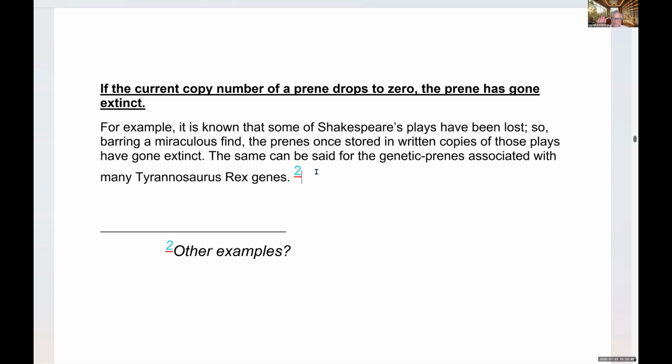Right now, as we've defined extinct, things can come back. Yeah, but there's a difference between evolving again the same preen, and the copy number not really being 0. So maybe a better word would be quiescent rather than extinct. Quiescent means sort of like it stopped making any sounds, right?